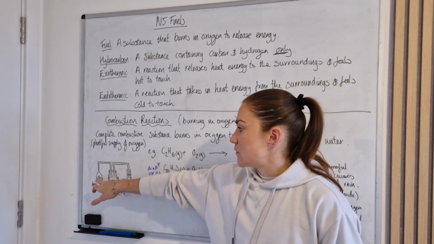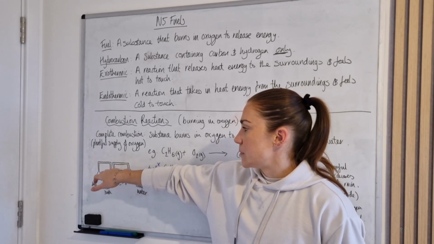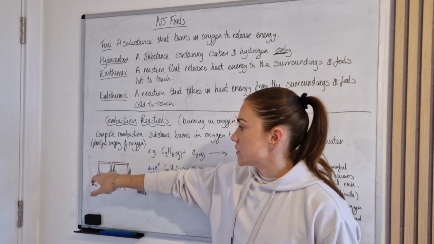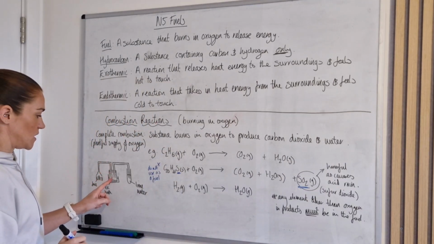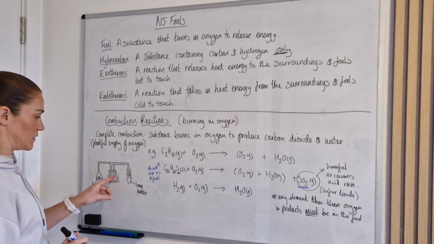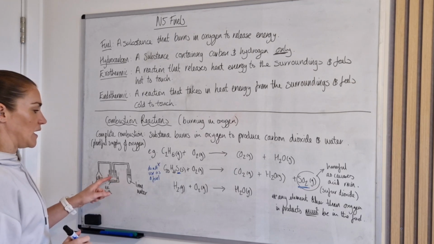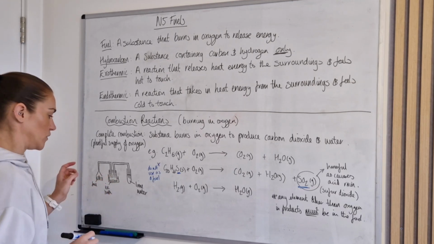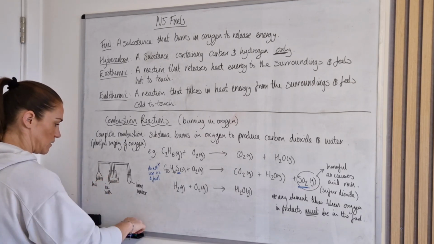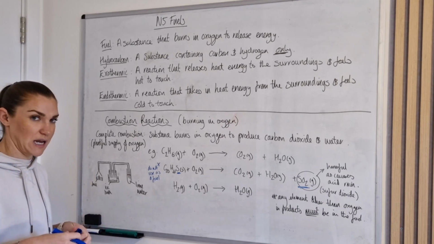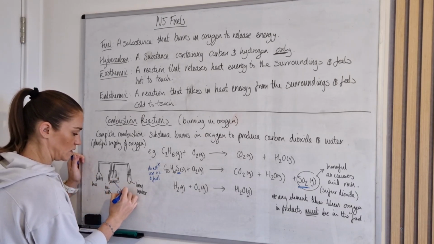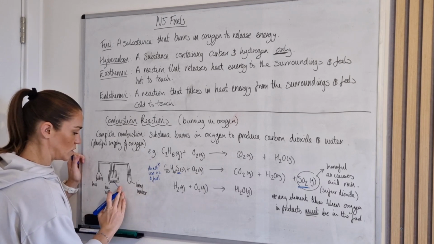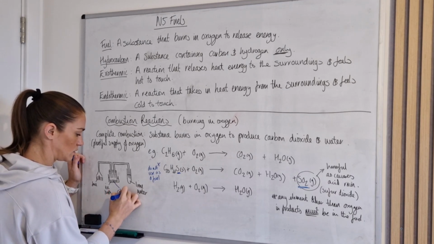When the gases that are produced when the fuel burns travel through the tubes here and get to this cold beaker, because it's surrounded with an ice bath, sometimes you will get a colourless liquid forming. That's because gases have condensed and formed a liquid. If you get a colourless liquid, that means you have produced water.